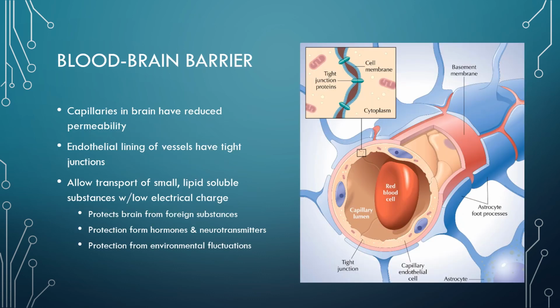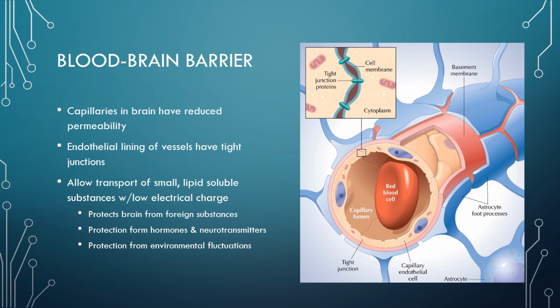So we looked previously at blood vessels and the endothelial lining that's on the interior of blood vessels. What's different in the vessels in the brain is that the cells of that endothelial lining have very, very tight junctions. And the purpose of that is to protect the brain from harmful substances so that they don't leak into the brain.